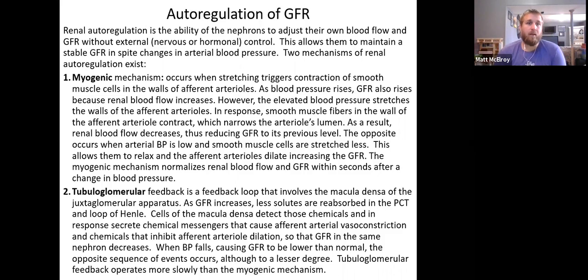This allows them to maintain a stable GFR in spite of changes in arterial blood pressure. Two mechanisms of renal autoregulation exist, what we call a myogenic mechanism and tubuloglomerular feedback. First, the myogenic mechanism occurs when stretching triggers contraction of the smooth muscle cells in the walls of the afferent arterioles.